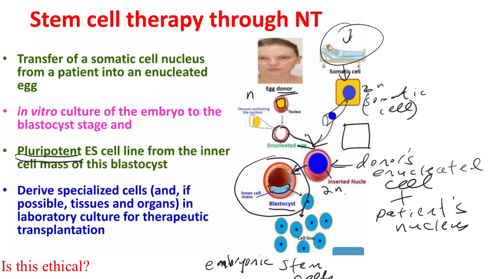And when those stem cells experience the environment that they're in, they will specialize into whatever cell that environment tells them to. So if you put them in your brain, they'll turn into nerve cells.